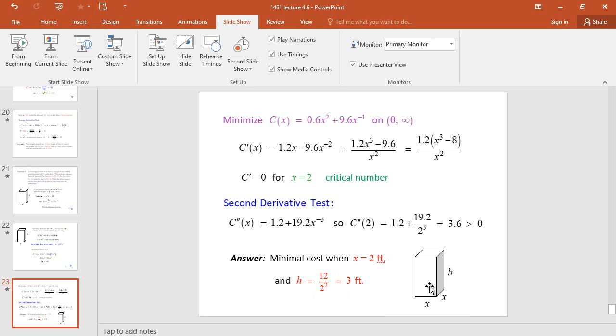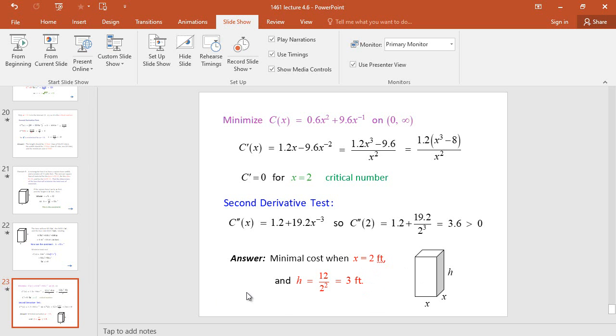And for those choices, you can figure out the cost, and you'll see the cost for any other choice of the dimensions would give us a higher cost.